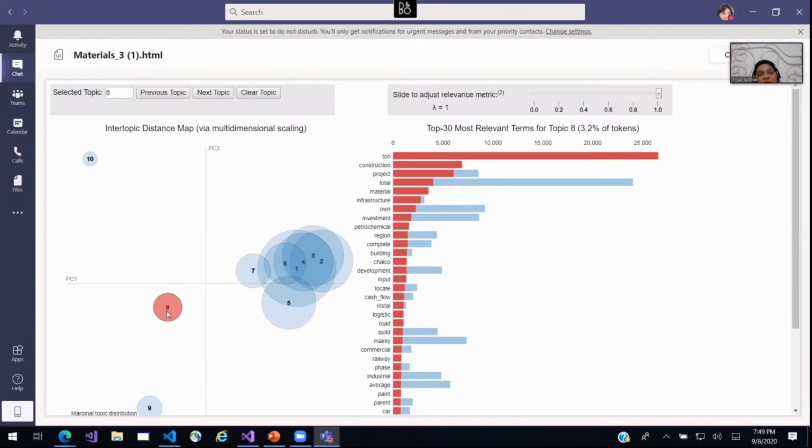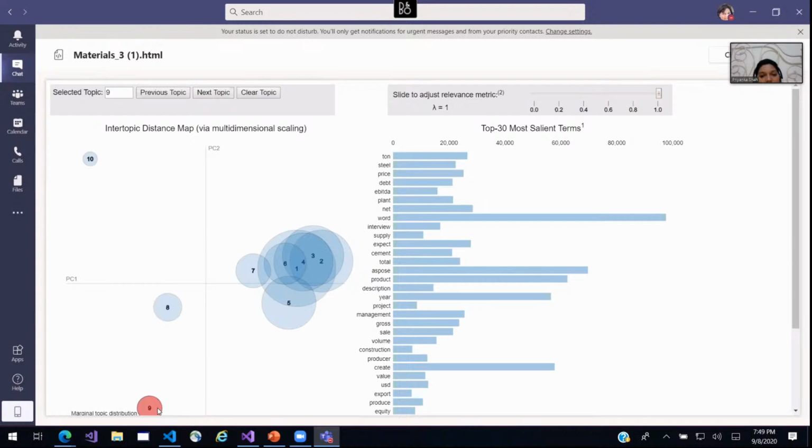How to take words from these and build my own taxonomy is up to us. It just gave the words which are occurring, and the majority of documents falling under topic 8 are talking of this, or maybe those falling under topic 9 are talking of steel price.